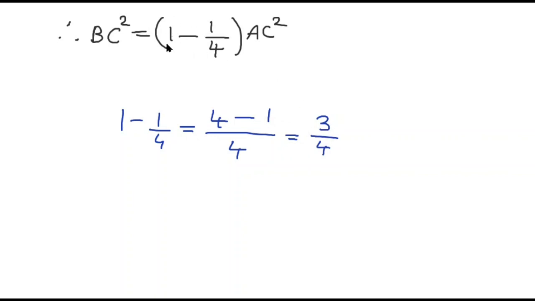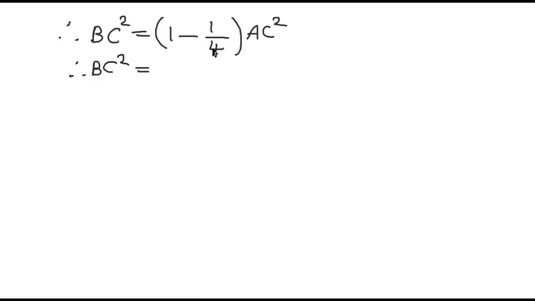So here we will write inside the bracket, instead of 1 minus 1 upon 4, we will write 3 upon 4. So therefore BC square is equal to 3 upon 4 into AC square.